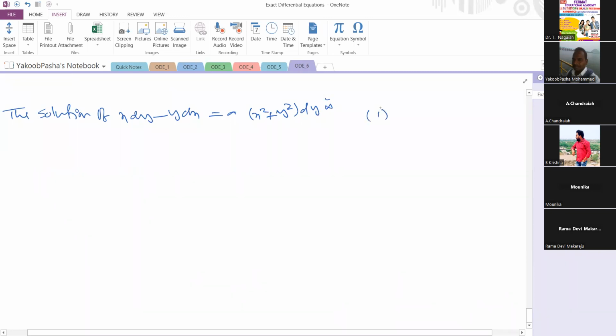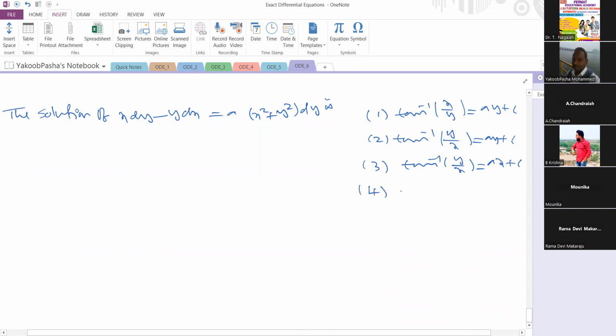Option 1, tan inverse x by y is equal to ay plus c. Second option, tan inverse y by x is equal to ay plus c. Third option, tan inverse y by x is equal to ax plus c. And fourth option, tan inverse x by y is equal to ax plus c.